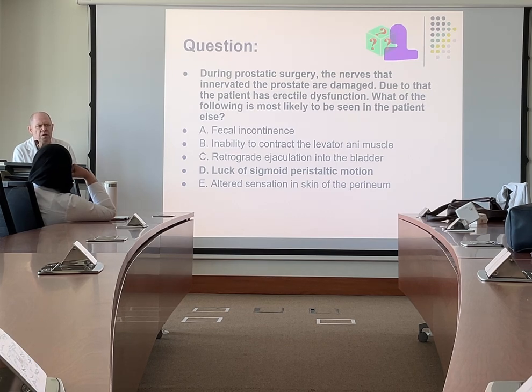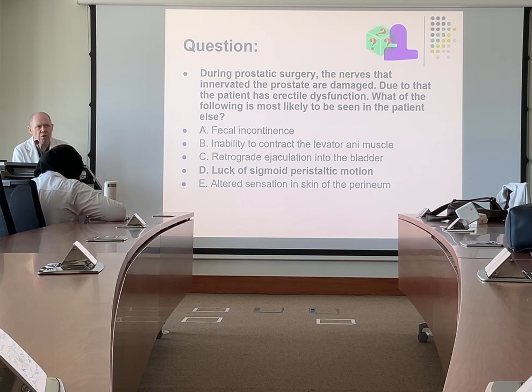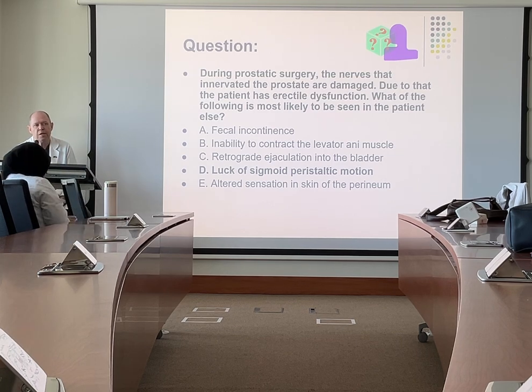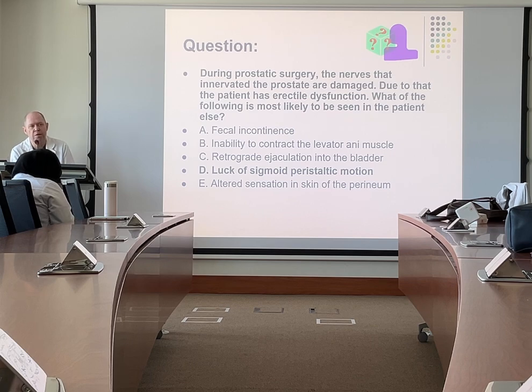How do we call the branch of the pelvic splanchnic nerves, which is also parasympathetic, which specifically runs through the prostate gland to the penis and causes an erection? We call them cavernous nerves.